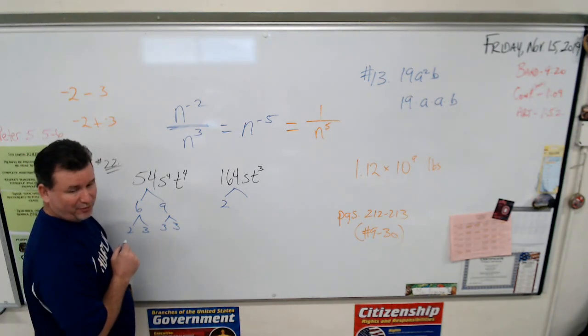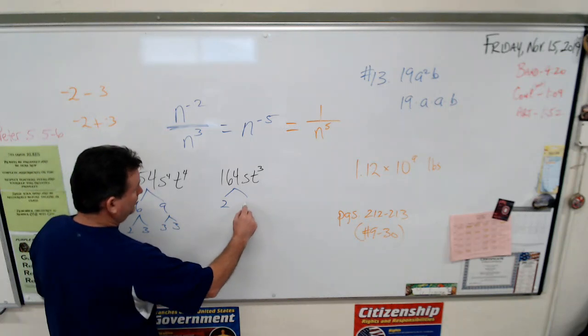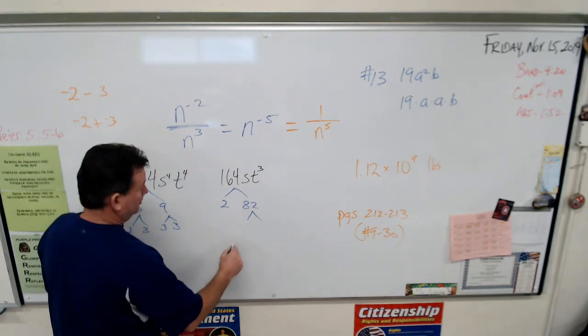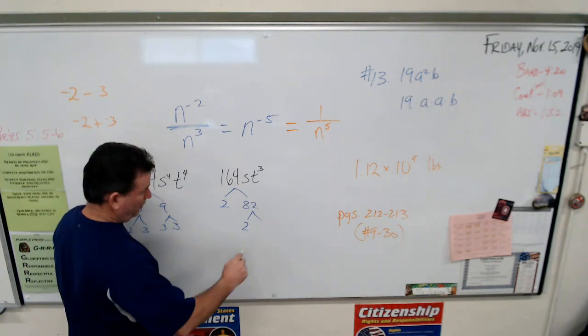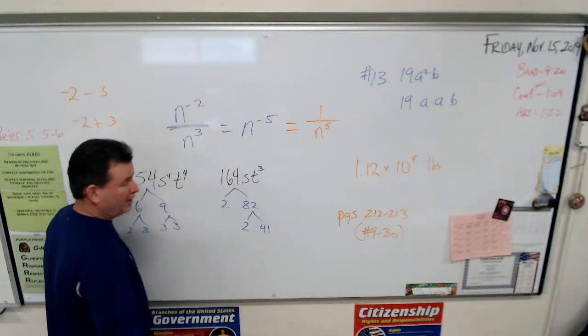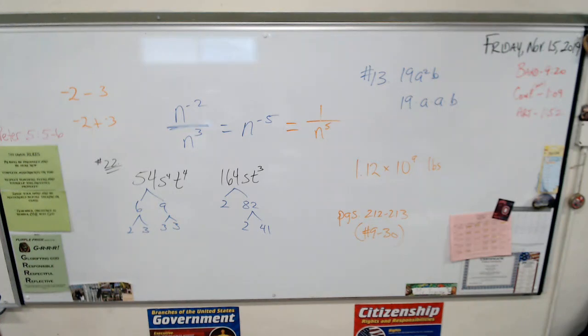What gives you 164? 2 times what? 82. Do 2 again. 41.